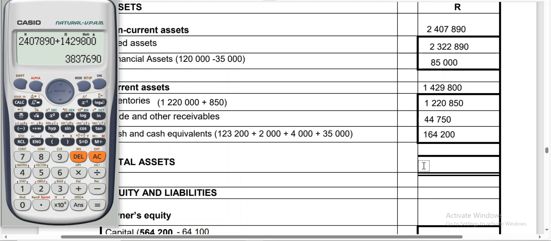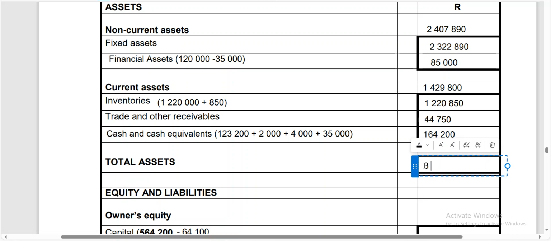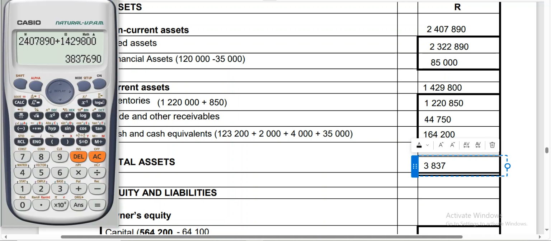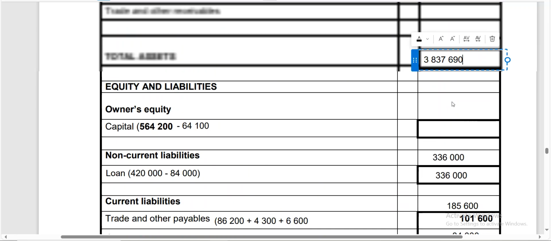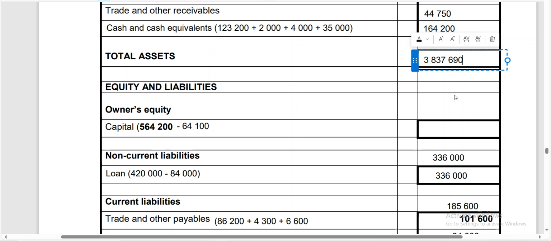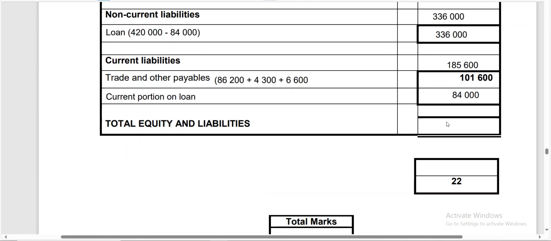So I'll put it here, 3,837,690. Remember, this should be the same as our total assets, but what we are going to do, I'm going to put that answer here for now, because it should be the same.